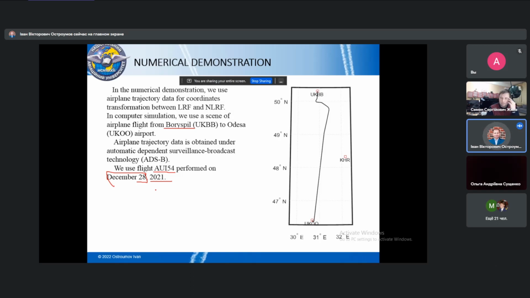But actually we do not sense distance. We measure, for example, travel time. We measure path loss of radio waves. And then by these parameters, we obtain distance, and then we apply multiple distances to get the solution of the navigation equation.